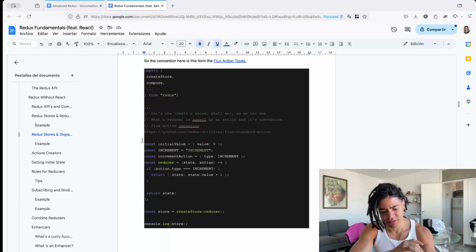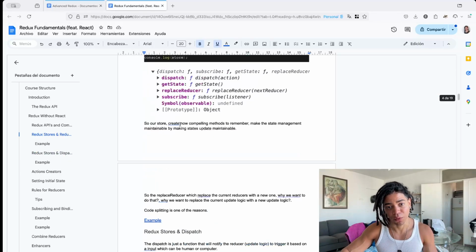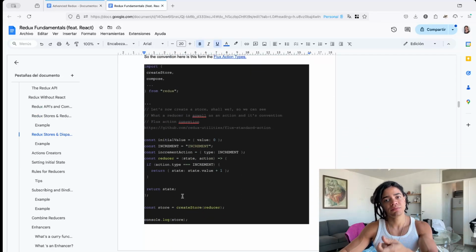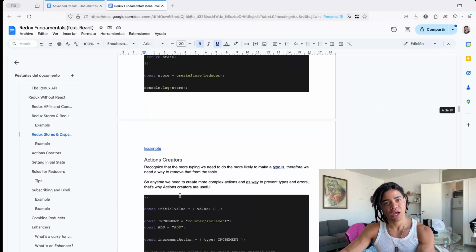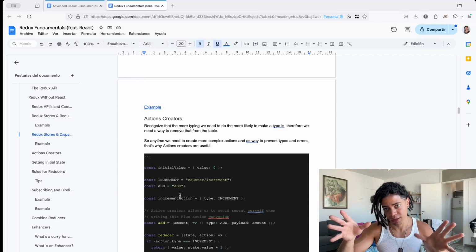another thing that we look at, besides compose, is createStore, which is returning this particular object, which is great. Some of the ways you can define the actions, and how you can use the Flux architecture to update the state.